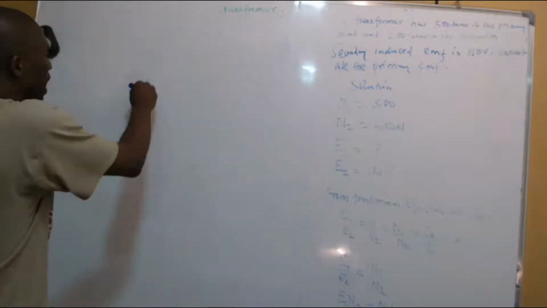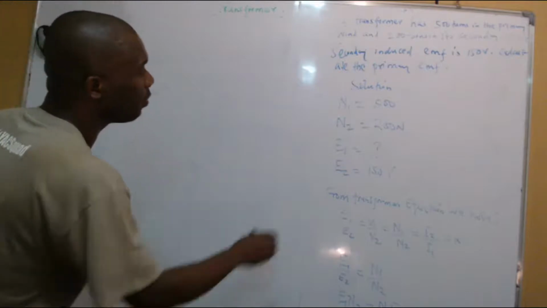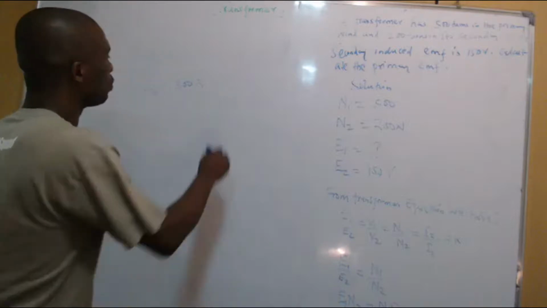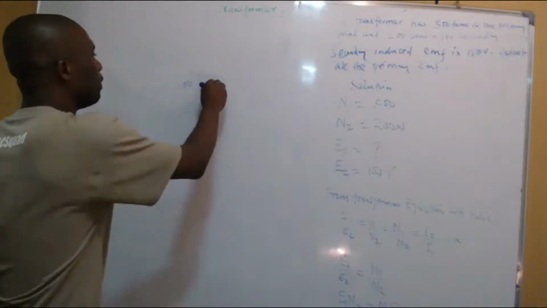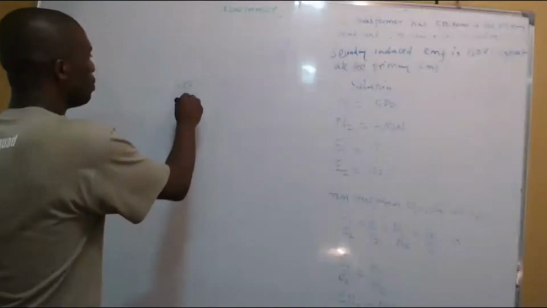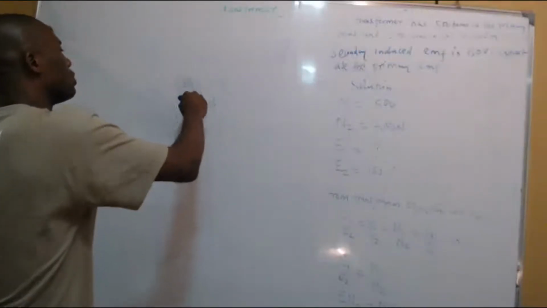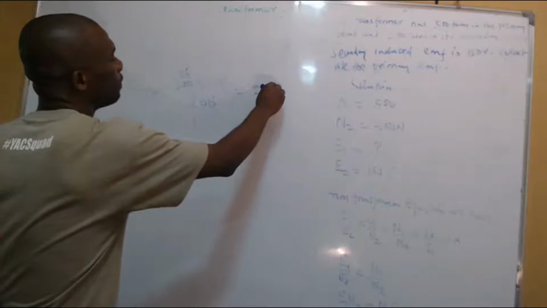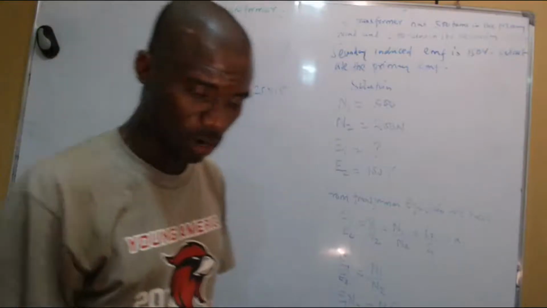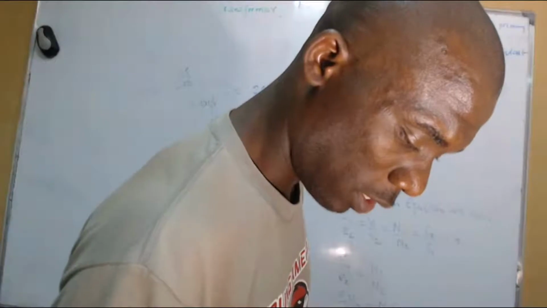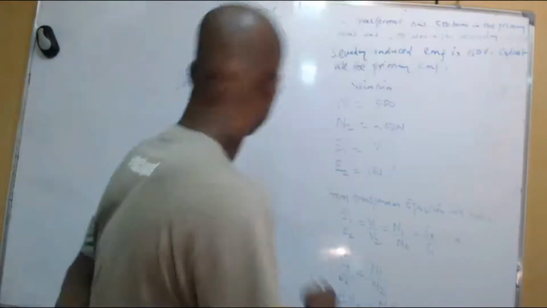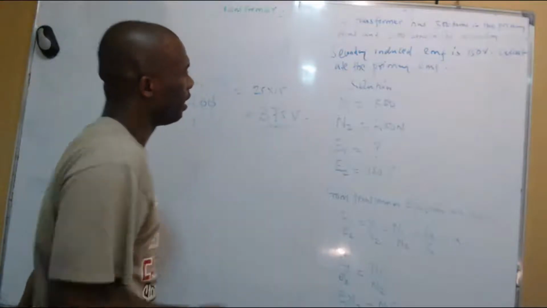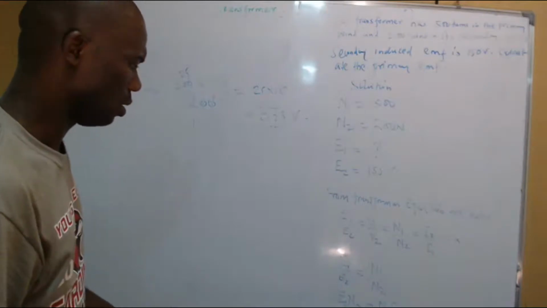That implies E1 equals 500 multiplied by 150 all over 200. We cancel, and we are left with 25 times 15, which gives us 375 volts.